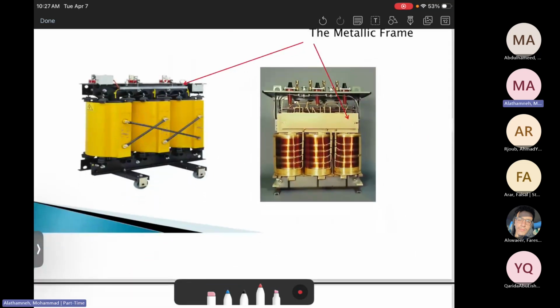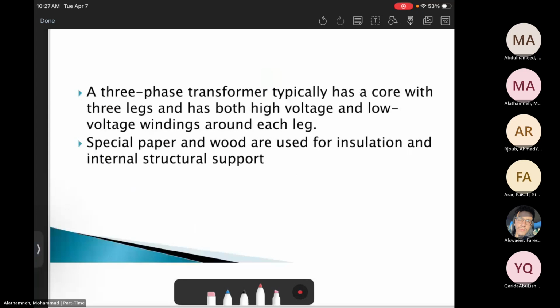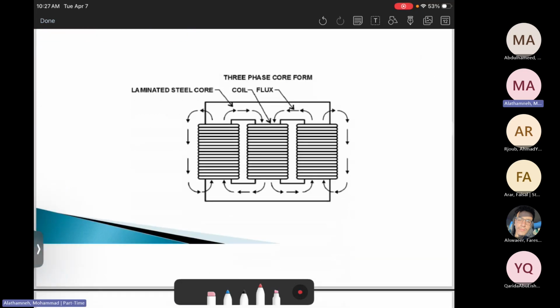Here is an example. Look at this picture. On the right, this is called shell type because the core is outside. Here the core is inside, so it's called core type. Now, when you look at the three-phase transformer, this is core type.